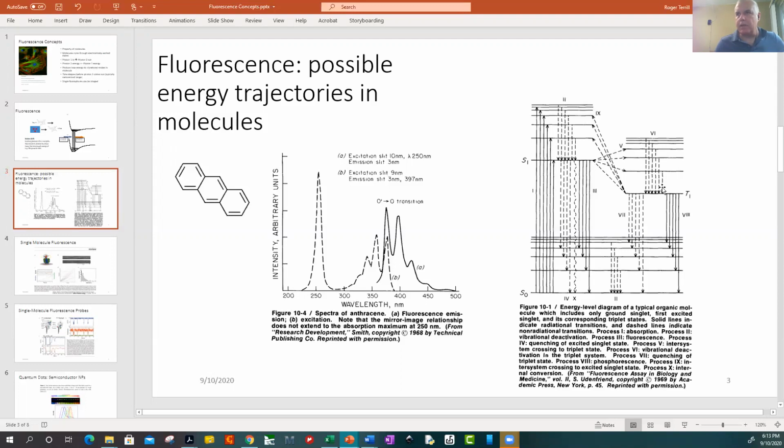But that spin triplet state can then relax down, but it generally does so much more slowly than the fluorescent processes here. So let's just look at those processes.